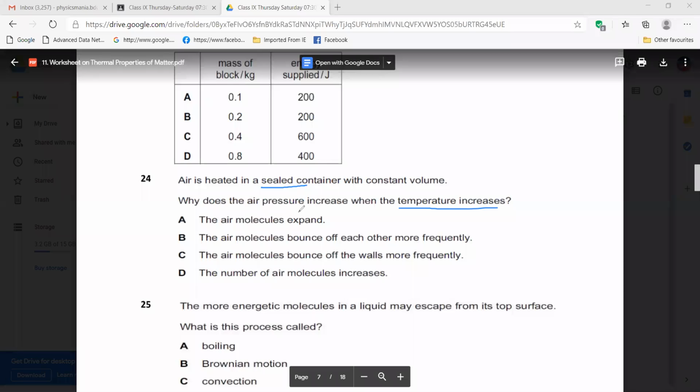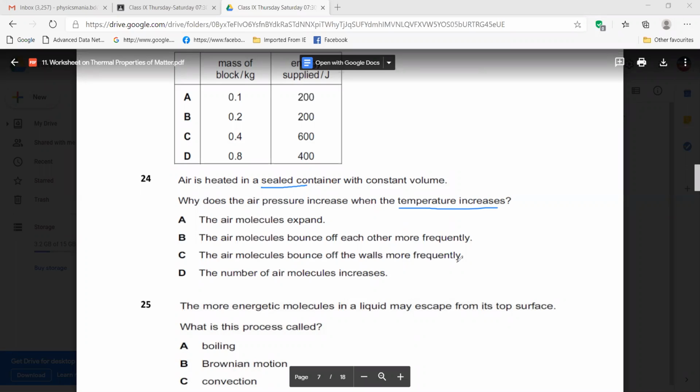The pressure is applied on the wall of the container, right? That's why this will be the more appropriate answer: the air molecules bounce off the walls more frequently.